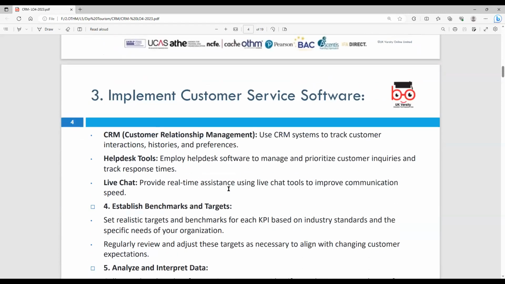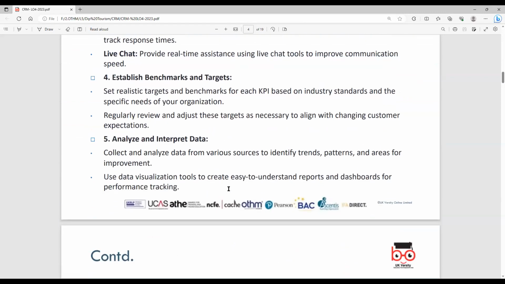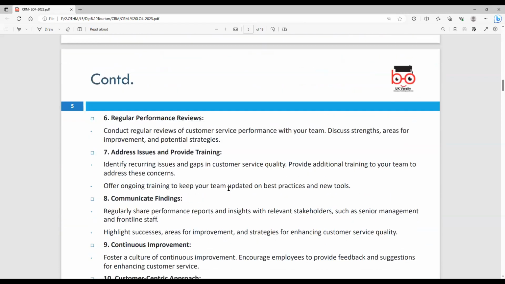We need to look at customer service software like live chat or help desk, and things like this.